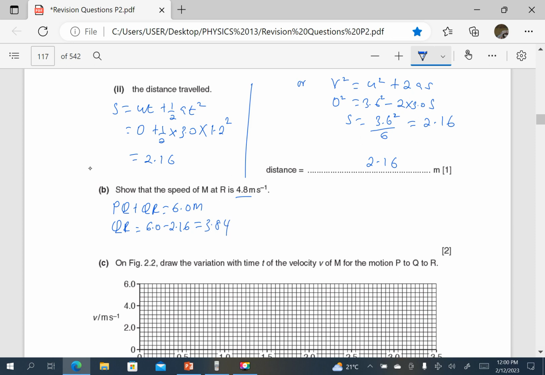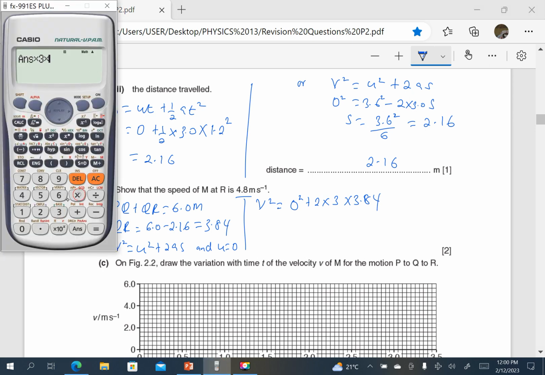Okay, now that we know the distance, we can use v squared equals u squared plus 2as. We are starting from Q, where the initial velocity is 0. Therefore v squared is going to be 0 squared plus 2 times the acceleration, which is always 3, times s, the distance down the slope, which is 3.84.